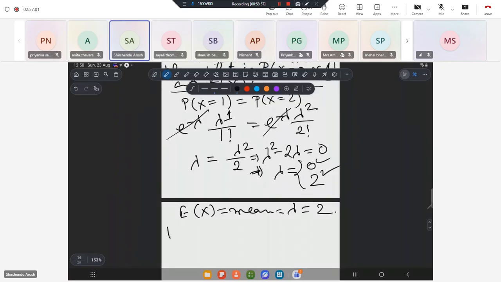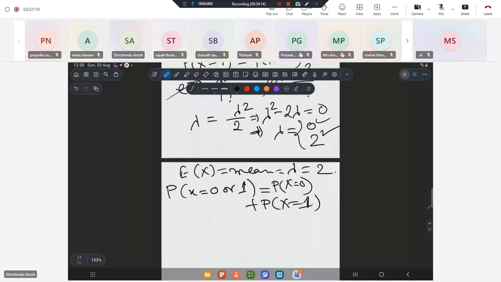So next is x is equal to 0 or 1. Or means addition, since there is no overlap, so there won't be an intersection term. So now it is e to the minus lambda, lambda to the power 0 by factorial 0, plus e to the minus lambda, lambda to the power 1 by factorial 1.